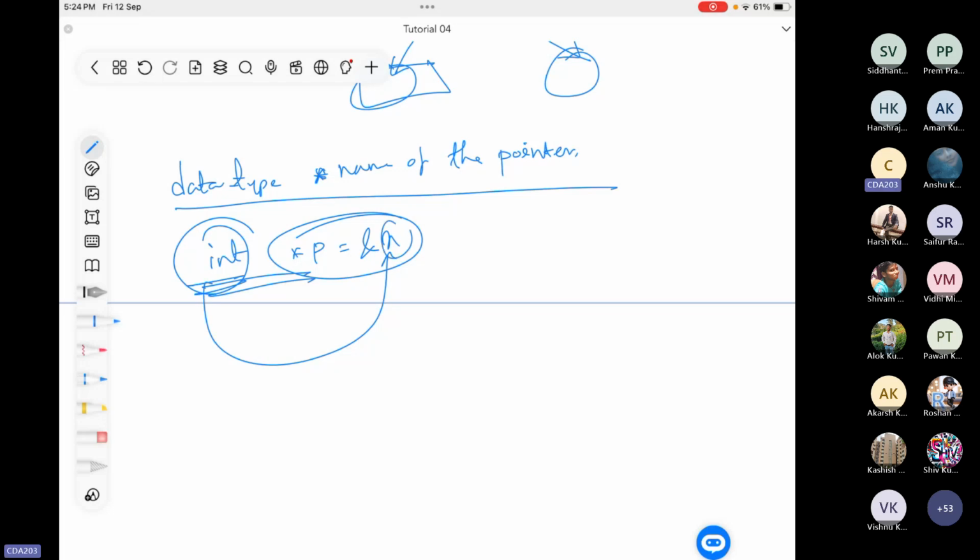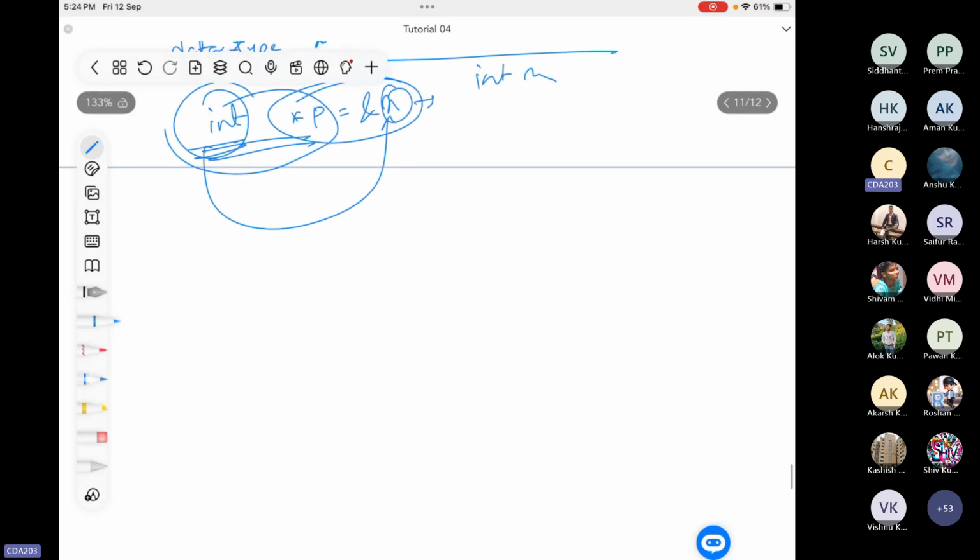So this x is an integer type. That's why I am defining integer star p. If it is a character type, I can define character star p. You have to keep in mind what variable it's pointing to, and your data type should be the same as the variable the pointer is pointing to, while initializing and declaring the pointers. Declaring is the correct term.